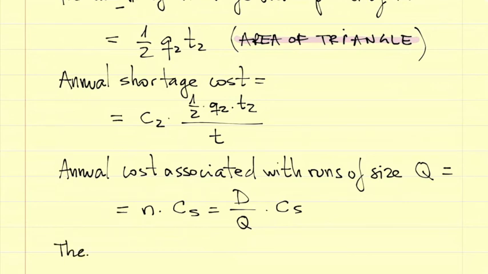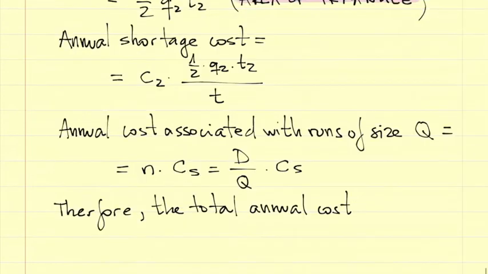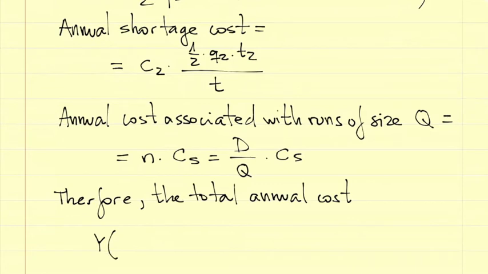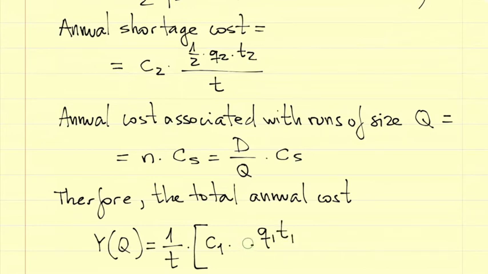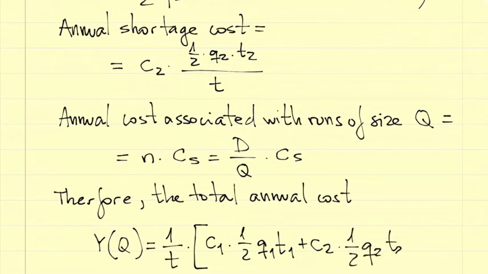Therefore, the total annual cost is given by Y of Q equals 1 divided by T times C1 times 1 divided by 2 Q1 T1 plus C2 times 1 divided by 2 Q2 T2 plus D divided by Q times CS.